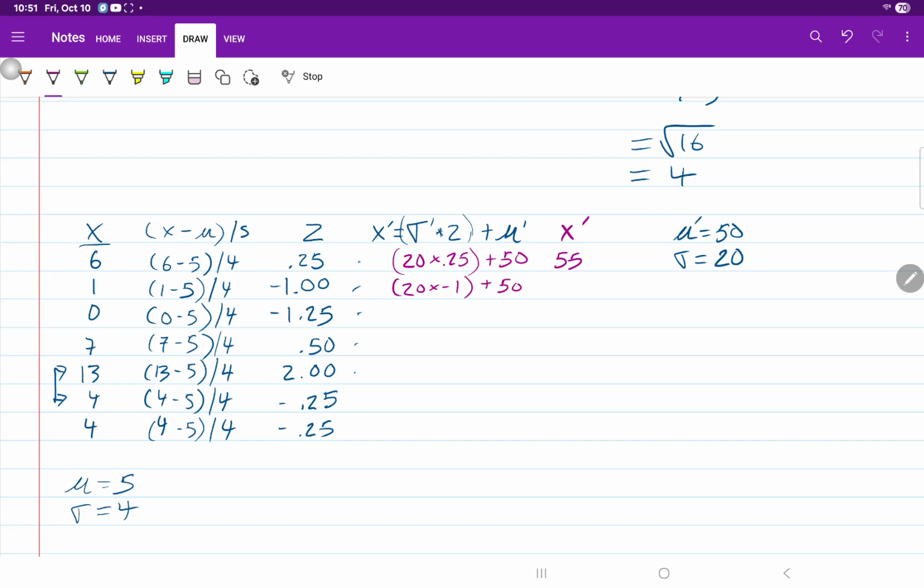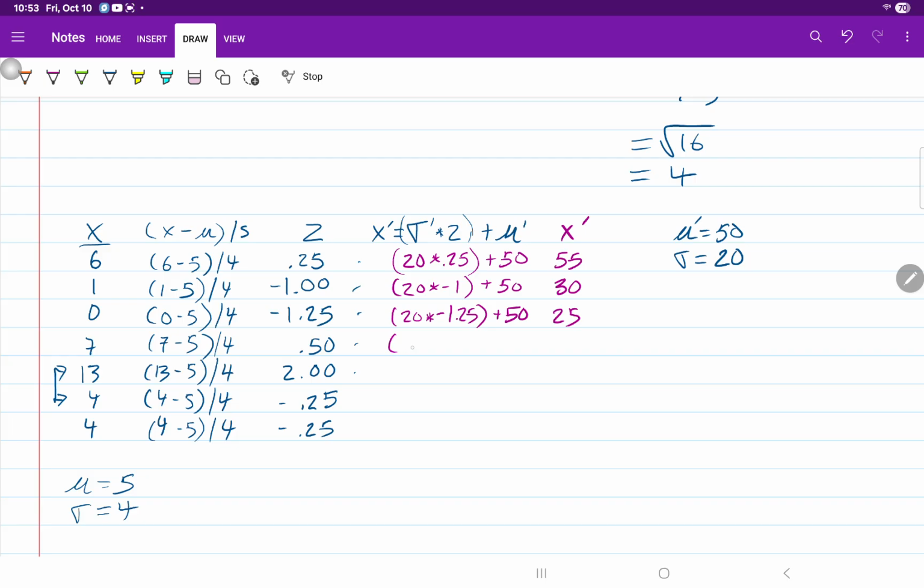And that will give us a value of 20 times -1 is -20 plus 50 gives us a value of 30 for x prime. And the next one, again, 20 times -1.25 plus 50. 20 times -1.25 is -25 plus 50 equals 25.